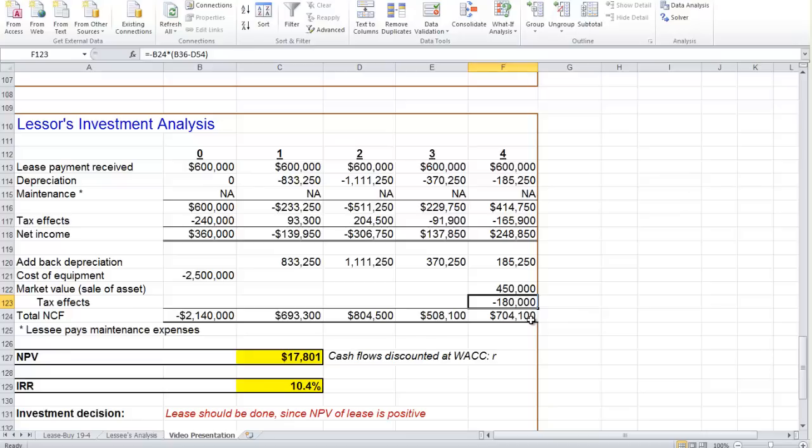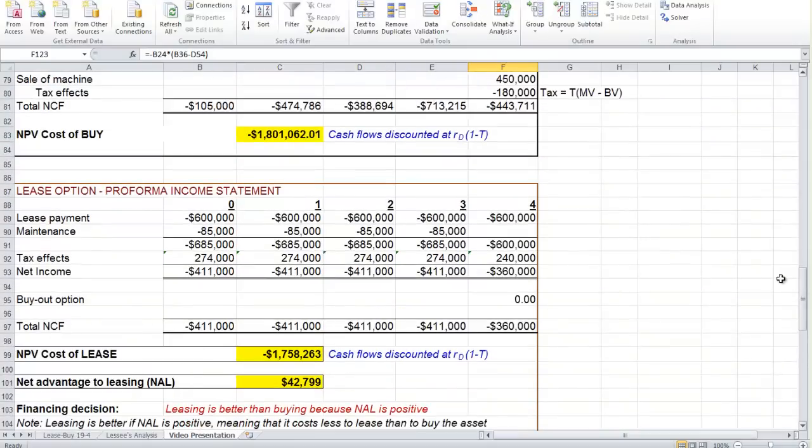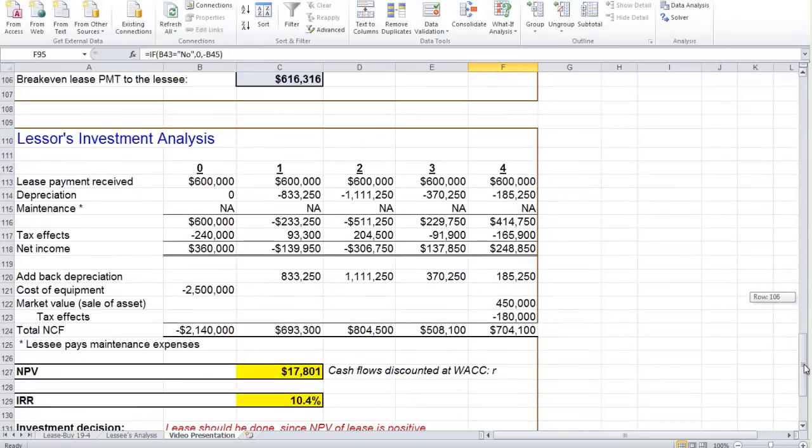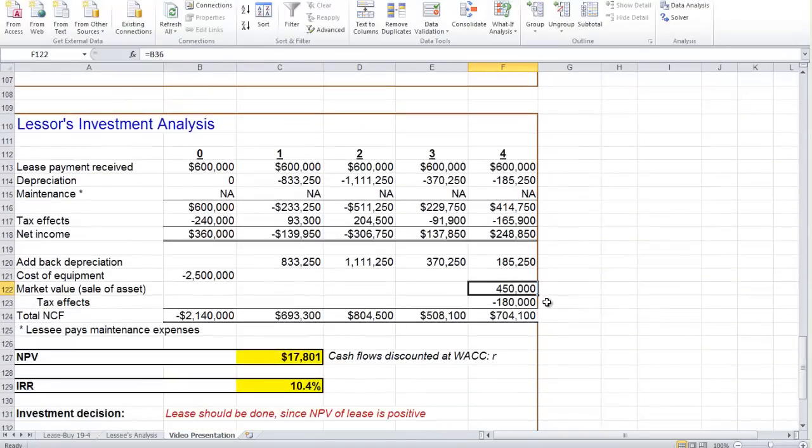Now, you might wonder, but what if the lessee chooses to keep the equipment and then pay the $450,000, still the lessor will get that money. So whether or not the lessee keeps the equipment doesn't really matter.